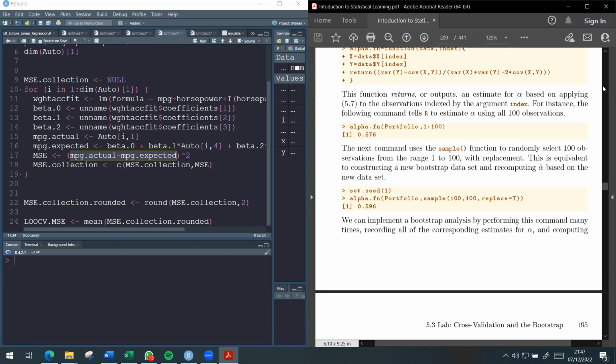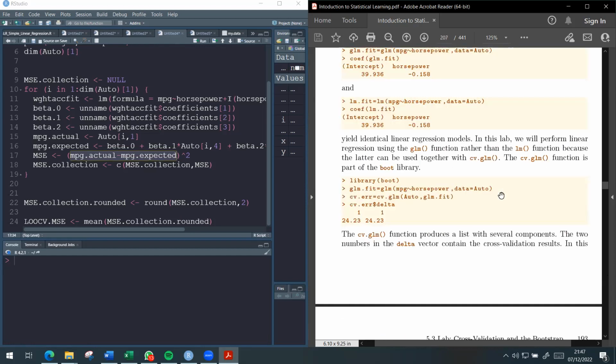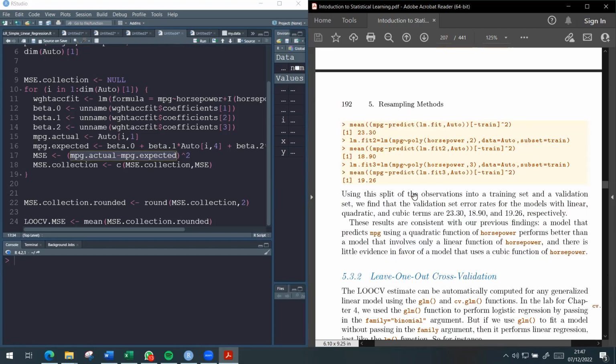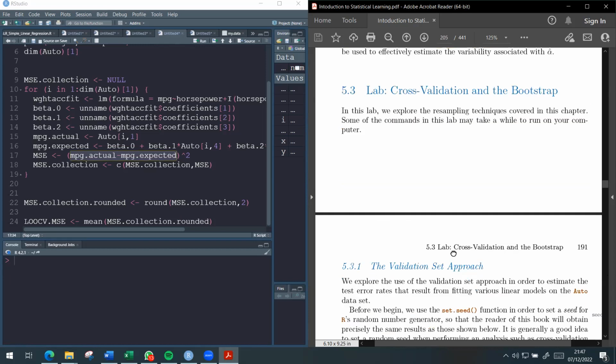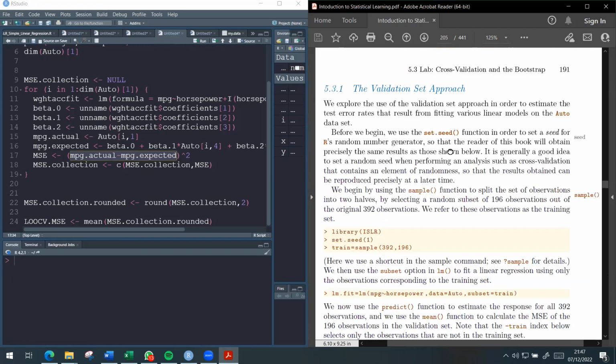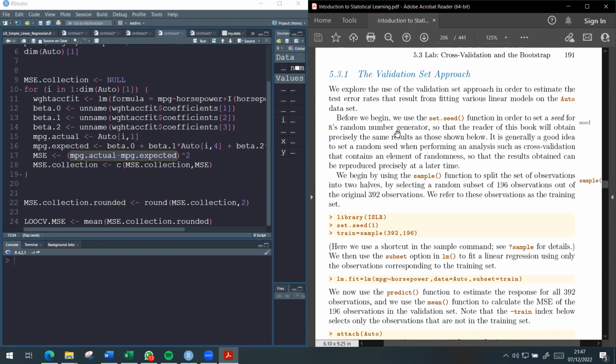So this is probably going to be quite repetitive. It's nice to see how the authors do it. So let's have a look. Before we begin, we use the setSeed function in order to set the seed for R's random number generator so that the reader of this book, that's us, will obtain precisely the same results as those shown below.